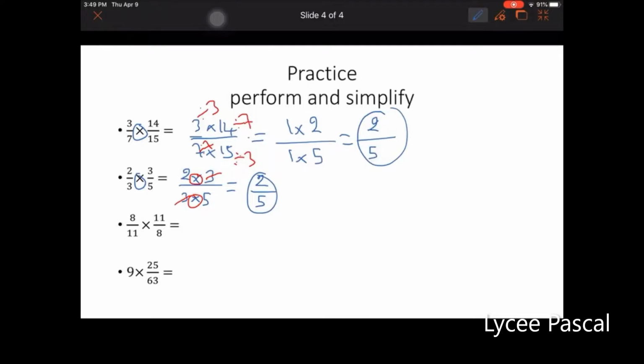Okay, now the third one. Also, it's a multiplication of two fractions. So we multiply the two numerators, 8 times 11 over 11 times 8. And as you see in this example, we have the same numbers in the numerator and in the denominator. So easily we can cancel them out. Okay, pay attention.